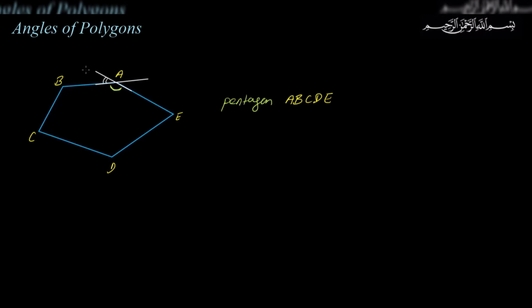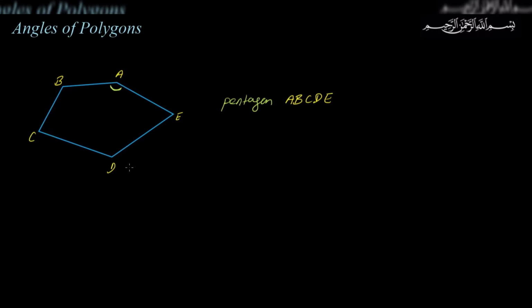Because if you extend this way, or extend that way, these exterior angles are vertical angles, so they're congruent. So it doesn't matter which side you extend. For example, here you could extend this side like this and get this exterior angle, or extend this side like this and get this exterior angle, but those are vertical angles and they're congruent. So it doesn't really matter which side you extend to get the exterior angle, because they're going to be the same, they're going to be congruent.